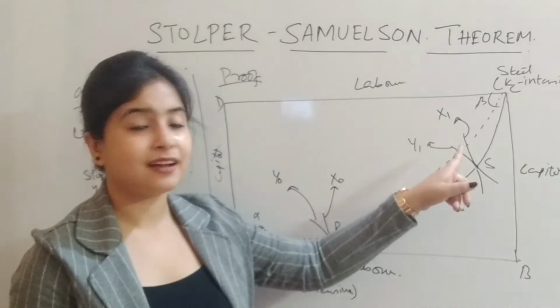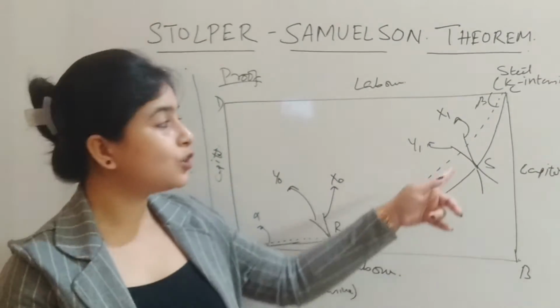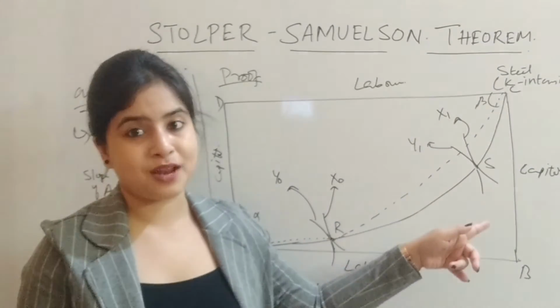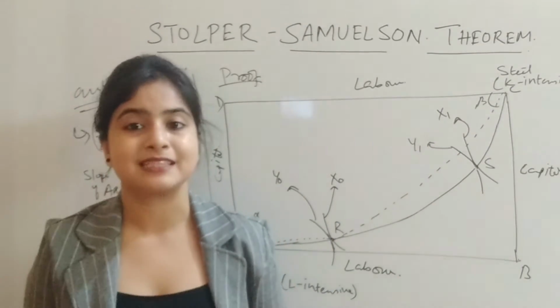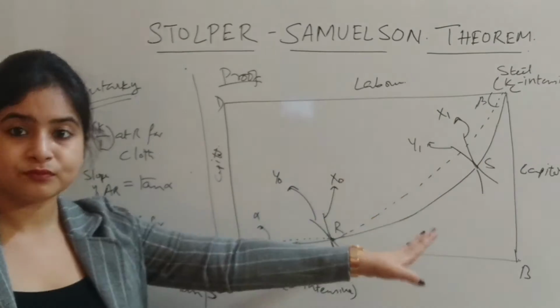Higher isoquant x1 implies that the production of cloth has gone up, and lower isoquant y1 implies that the production of steel has decreased. So this is happening.